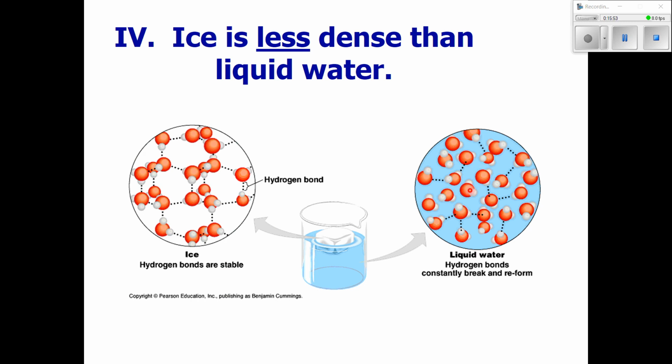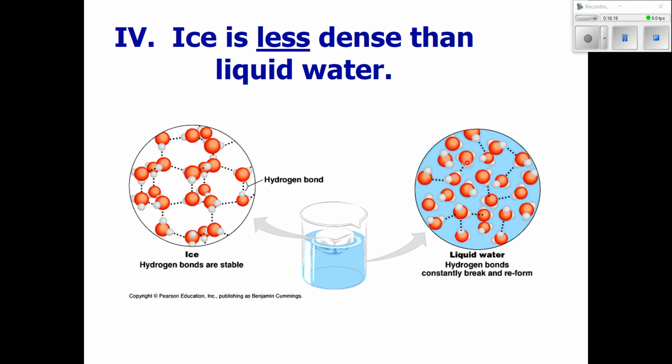Well, as water cools off, if you take liquid water and put it in a glass and put that in the freezer, it doesn't instantly turn to ice. It takes some time. But as that liquid water gets colder and colder and colder, the water molecules get closer together, closer together, closer together.